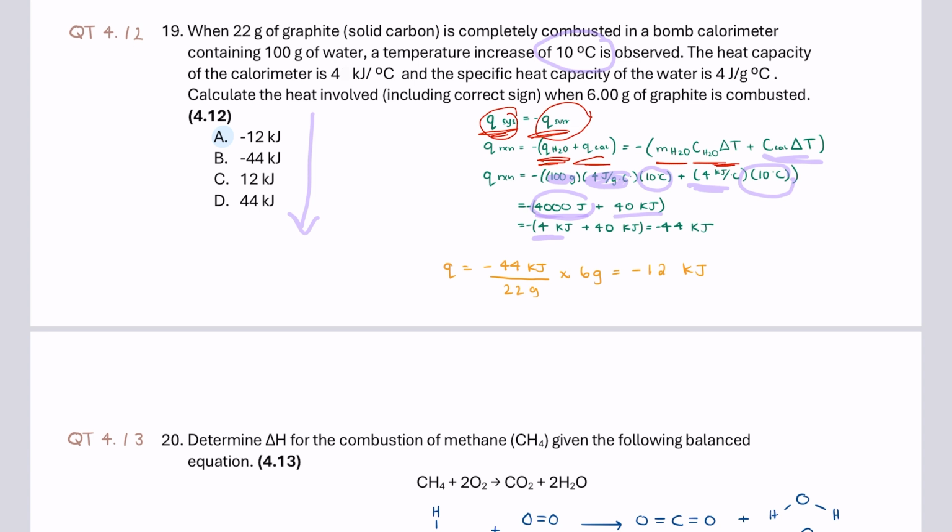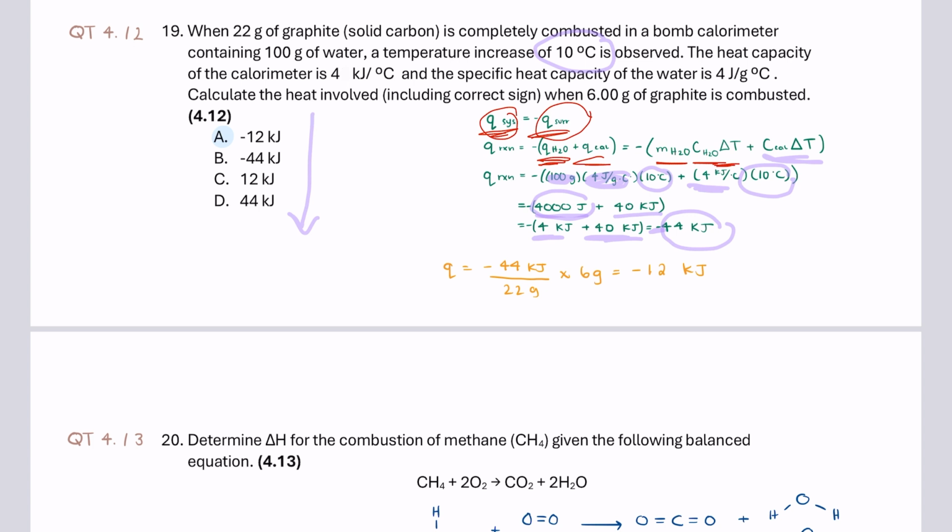The surroundings absorbed 4 kilojoules from the water and 40 kilojoules from the calorimeter for a total of 44 kilojoules. Since this energy was absorbed by the surroundings, it must have been released by the system. That's why we apply a negative sign. So the total heat released by the combustion of 22 grams of graphite is negative 44 kilojoules.